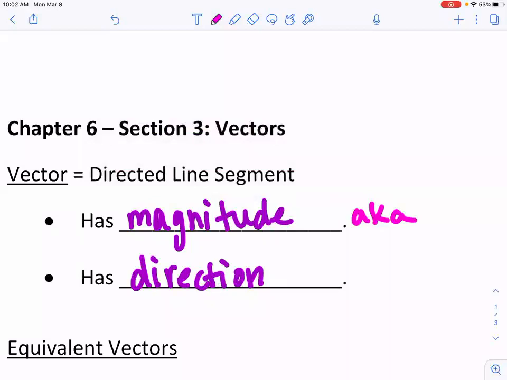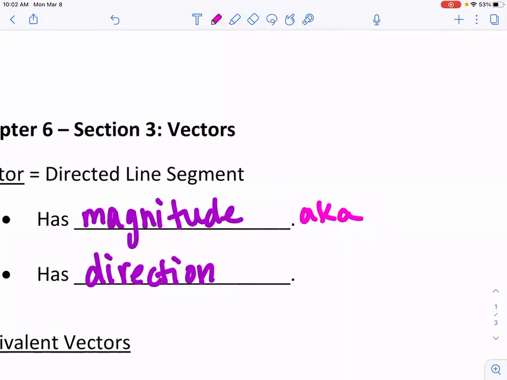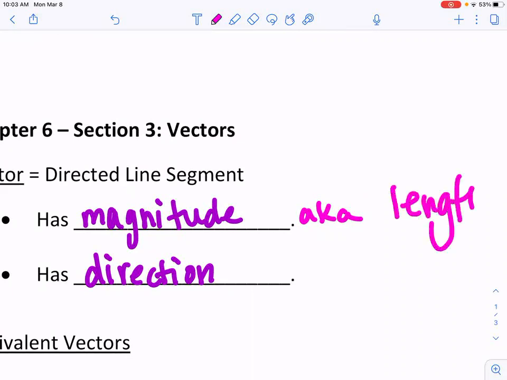But what about our vector is its magnitude? The length. We're talking about the length. How long is our vector? That's what we are referring to when we say magnitude.